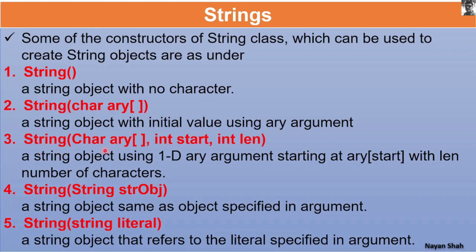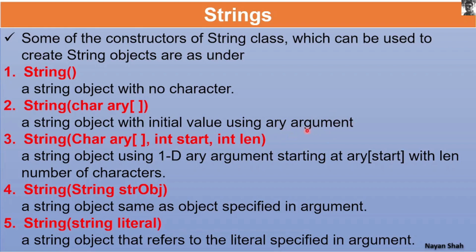Third, String(character array, integer start, integer length). Now this is something very interesting. You create a string object from an existing character array by specifying its start position and then the total number of characters, that is the length of the string you want to take. So it is used to take out certain characters from one word.